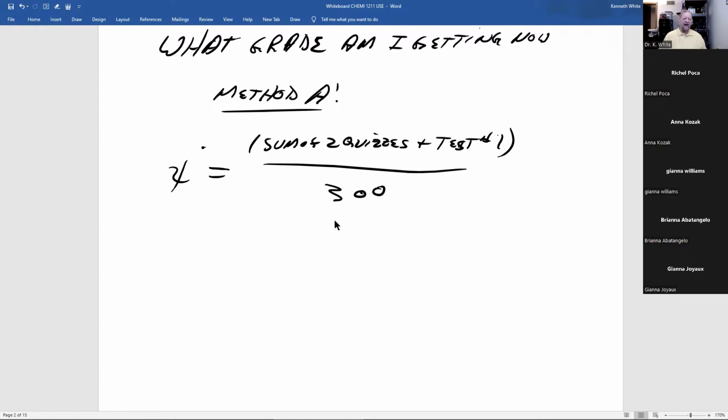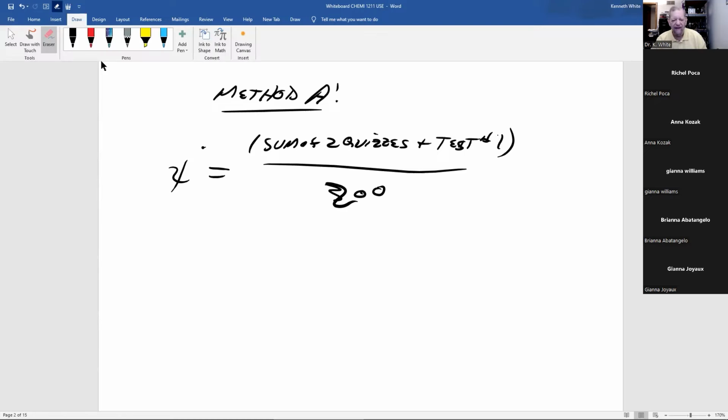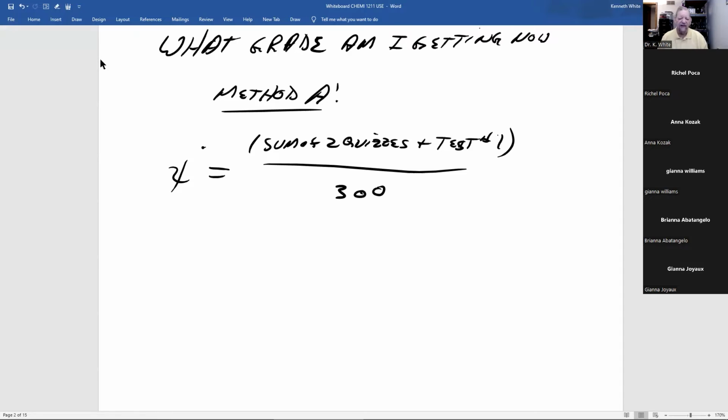If you get a number X, which is the sum of your 2 quizzes plus test 1, you divide that by 200, and you'll get a number.